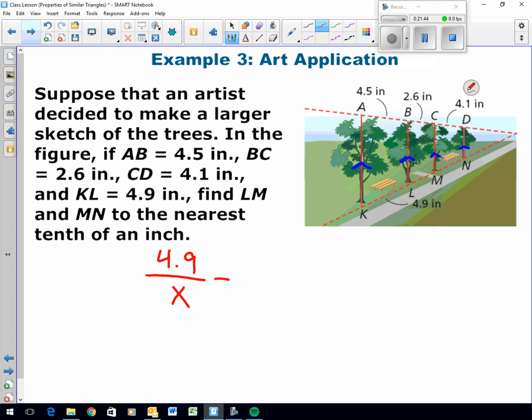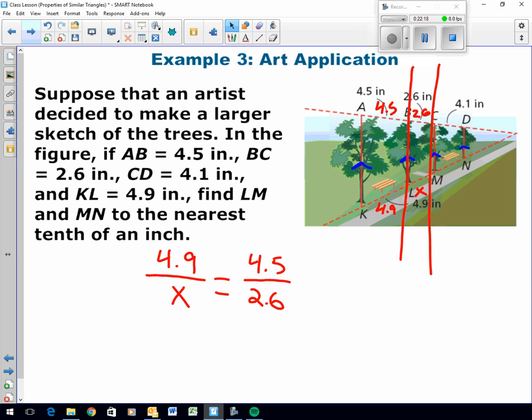That's proportional to 4.5 over 2.6. If you ever get confused, just start drawing fractions like that. The distance from K to L is 4.9, from L to M is what we're looking for. 4.5 up top, 2.6. That's how your fractions would have to go.